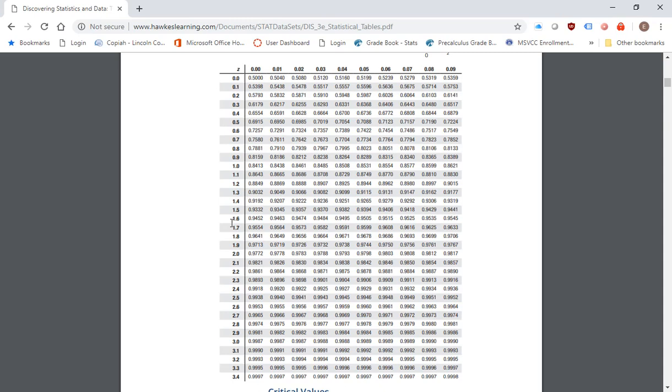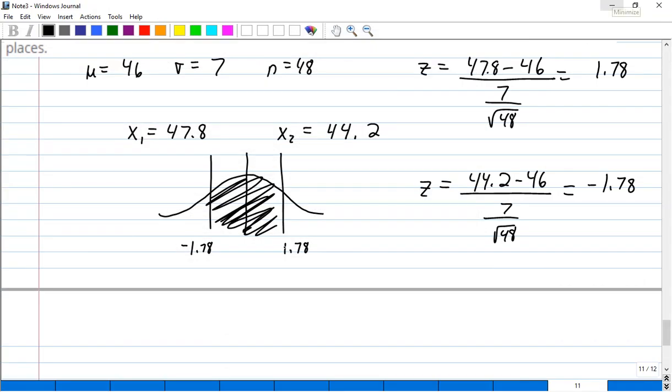So 1.78, I have 0.9625. So for this one right here, the one on the right, I got 0.9625. Now let's look up negative 1.78.